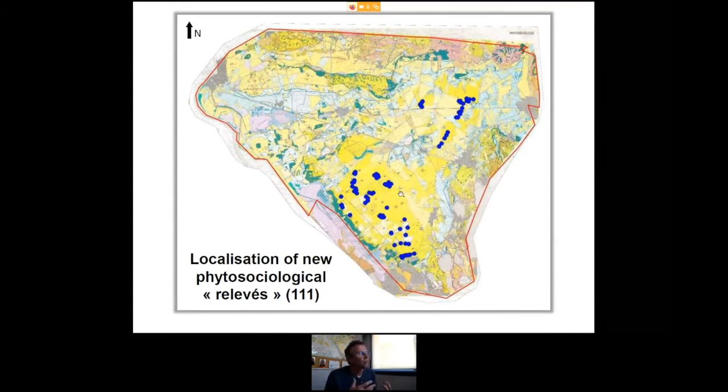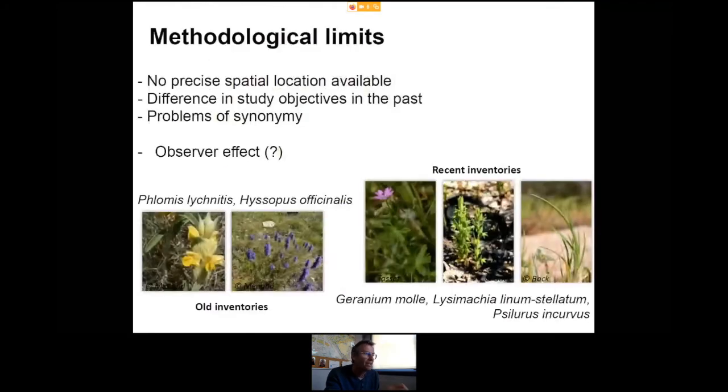So we've got a kind of spatial localization, but of course it's not enough. It's not enough to have a very precise location at the scale of the meter or 10 meters or so. And so I would like to draw your attention to all the methodological limits of this kind of job, because we have no precise location available from the old inventories.